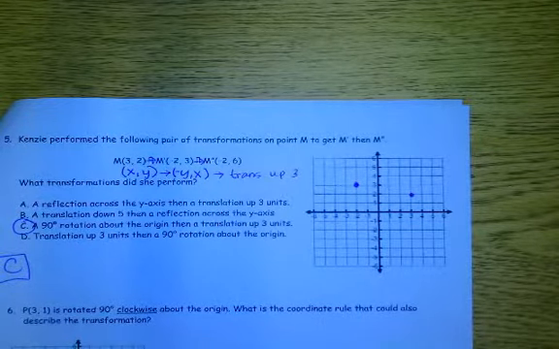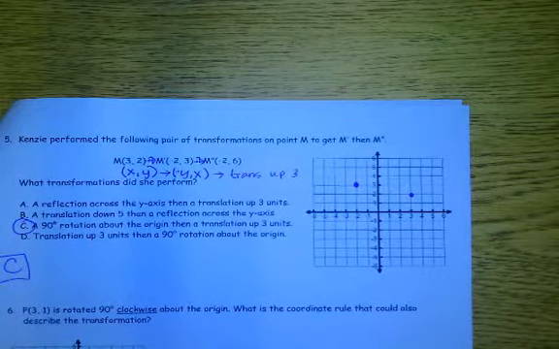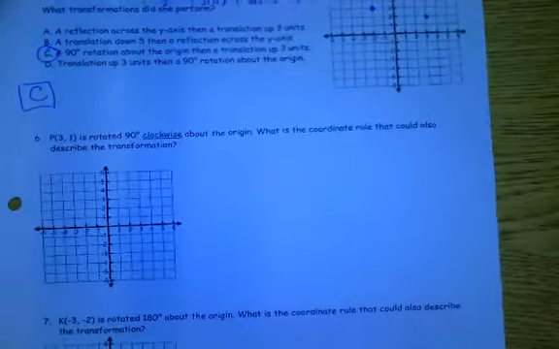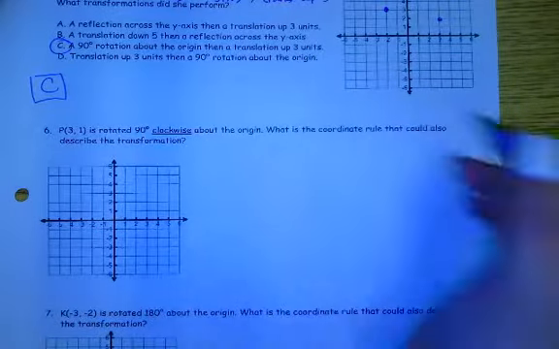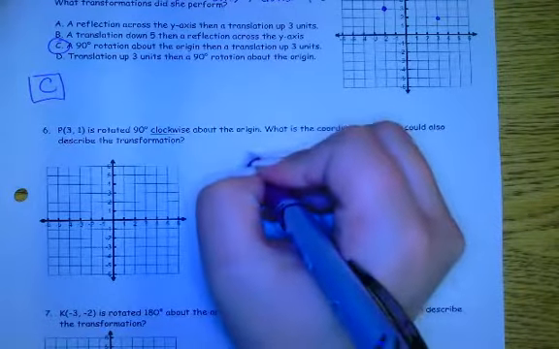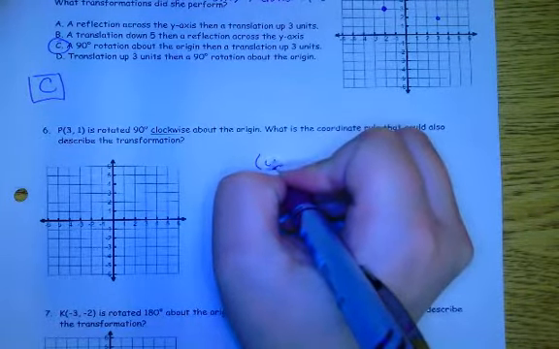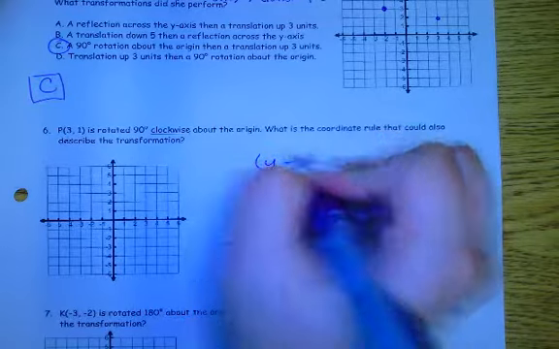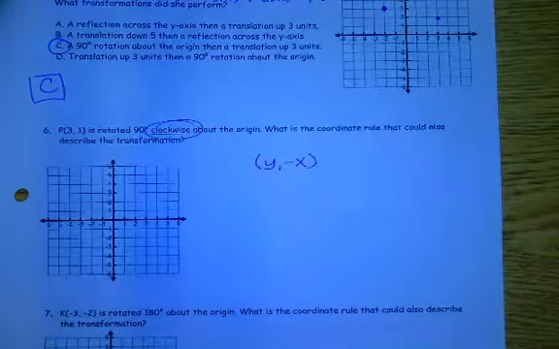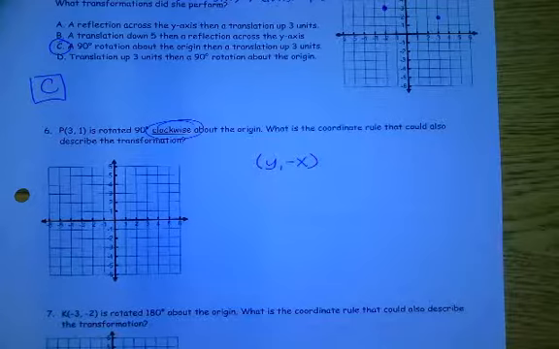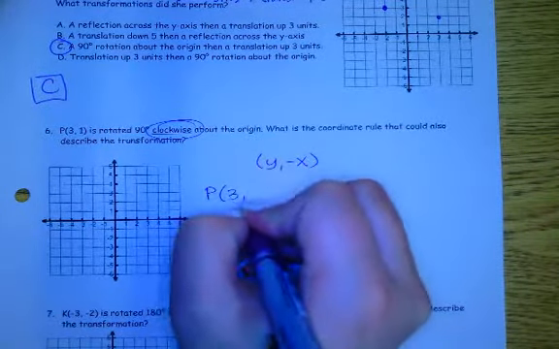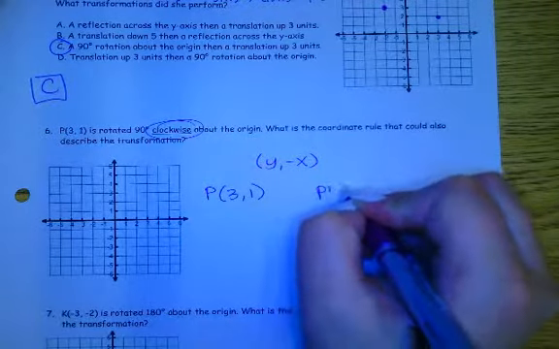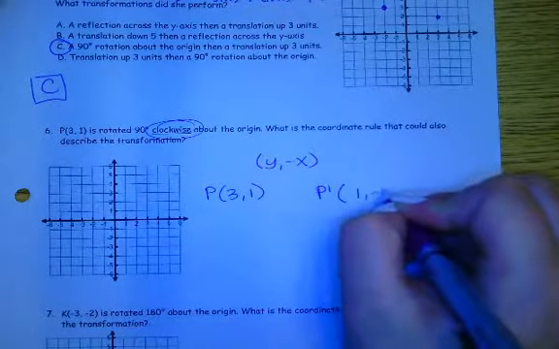Point P, which is at (3, 1), is rotated 90 degrees clockwise. Okay, what rule is that? (y, negative x), because it is clockwise. Okay, so where would P prime be? (1, -3). Okay, it wants to know a different coordinate rule that could also describe this transformation.